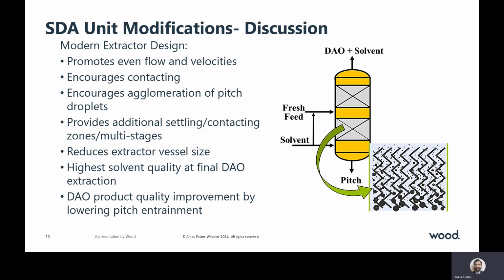Provides additional settling contacting zones, reduces the extractor vessel size, highest solvent quality at the final DO extraction, DO product quality improvements by lowering pitch entrainment, which is an important criterion for FCC and hydrotreaters when the DO is used as its feed.